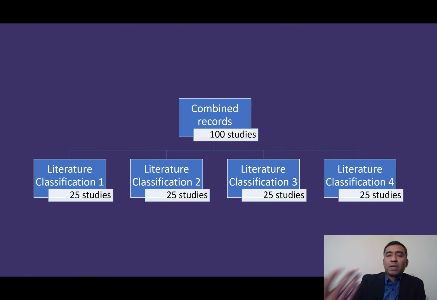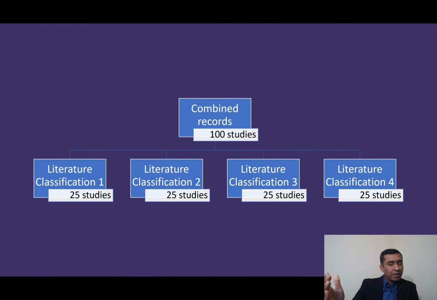For example, I have combined 100 studies, and then in each cluster we have 25 studies. This is just for illustration purposes. In your case there might be a different number of studies in each cluster, but this is just an example of how we work with the systematic literature review process.